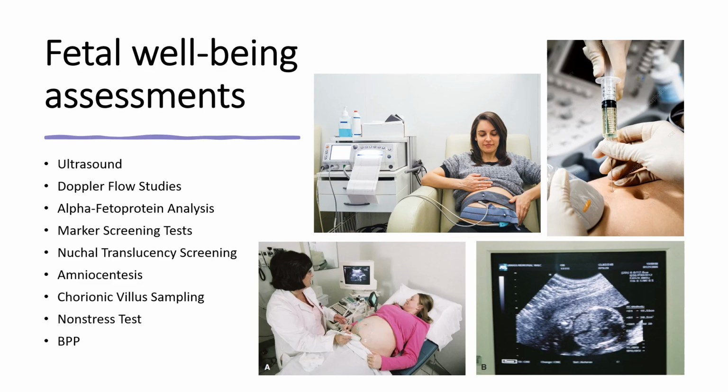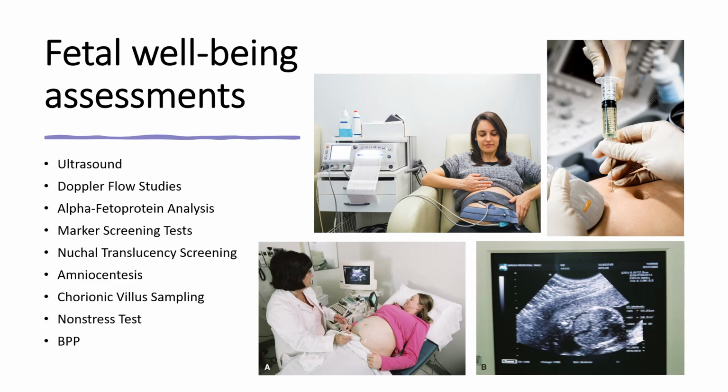So basically, during her prenatal care, she'll have a formal ultrasound where they do a fetal anatomy scan, making sure that the baby has all of its organs, looking at the brain structure, the cardiac structures, the fetal development in the bones, basically looking at the overall fetal well-being of that fetus using the ultrasound.